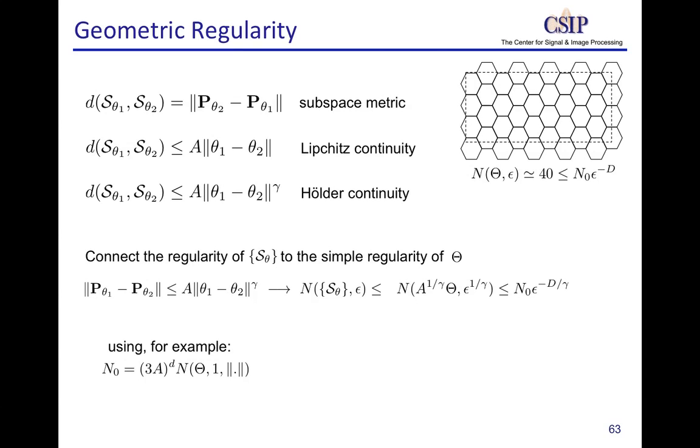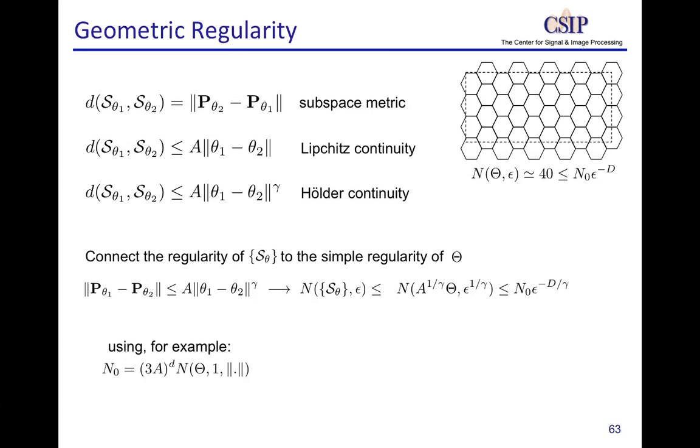Okay, so in some special cases we can have Lipschitz continuity of this metric, and we can relate this to the Euclidean norm in the parameter space, basically. And in some cases, we don't have Lipschitz continuity, but we have something more general, which is called Holder continuity.